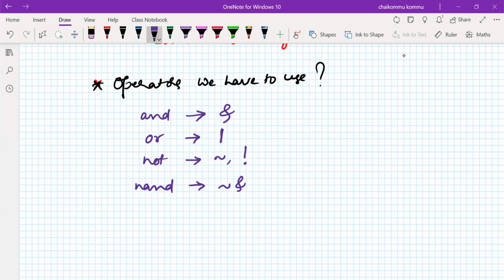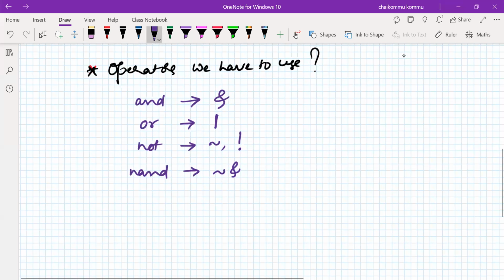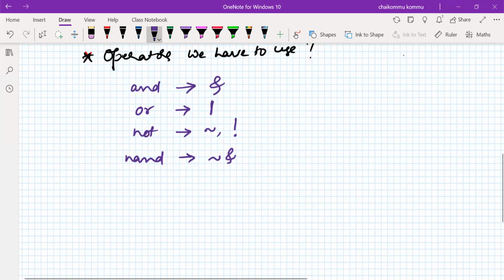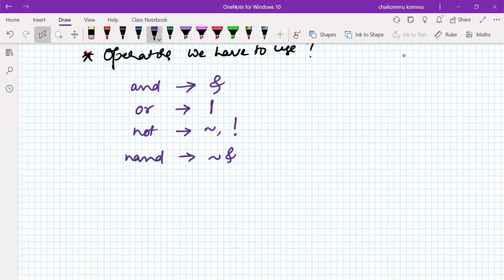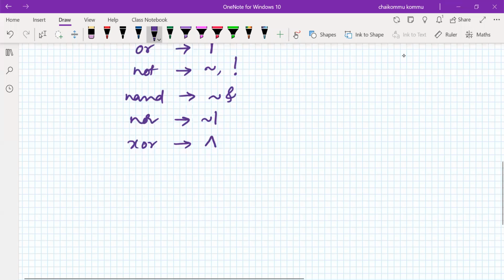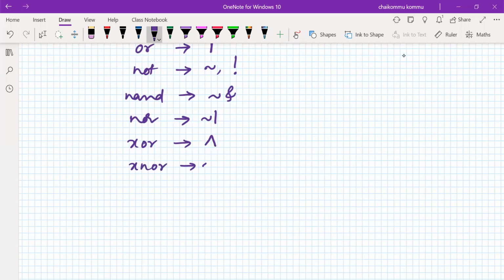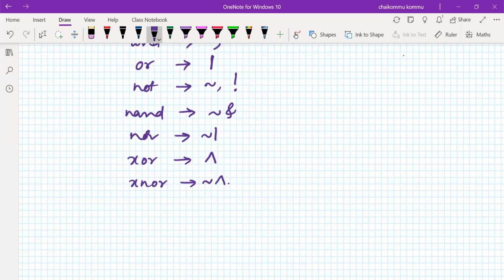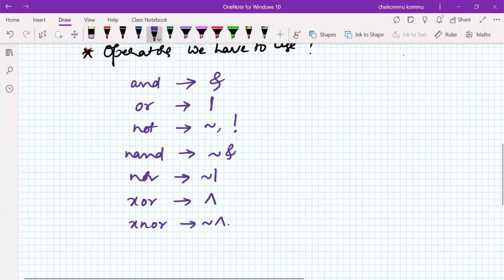NOR, not OR. XOR, this is the symbol that I have to use for XOR. XNOR, not of XOR. So these are all the basic operators that we have to use.